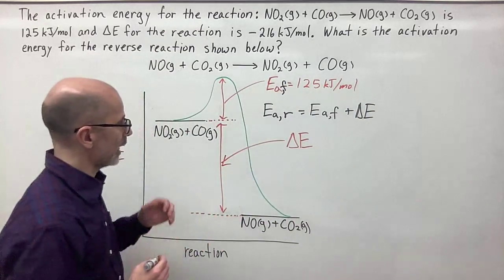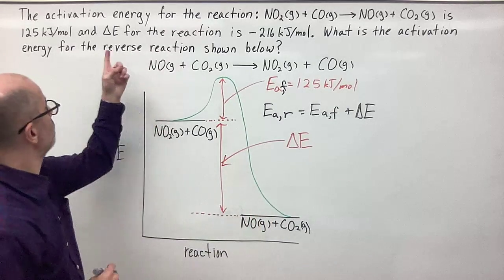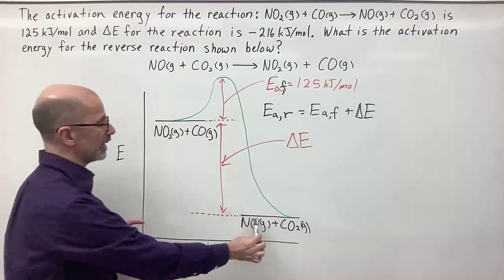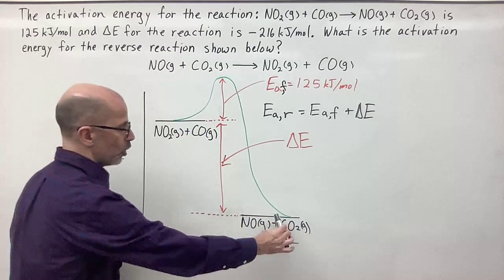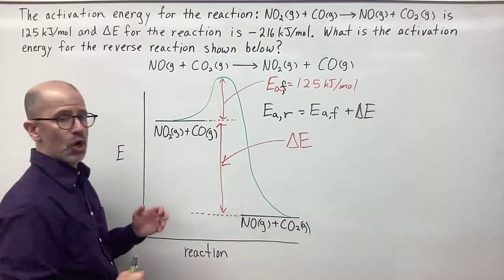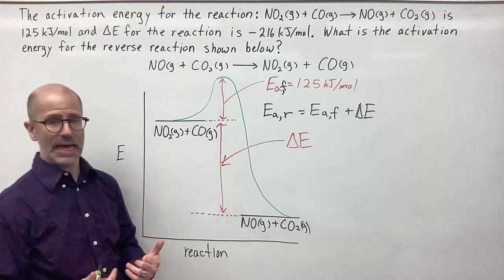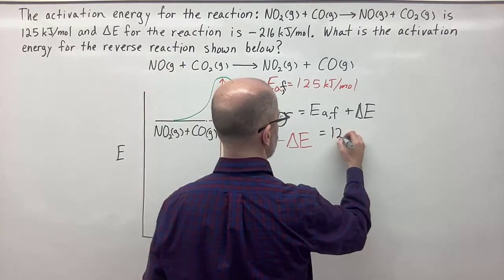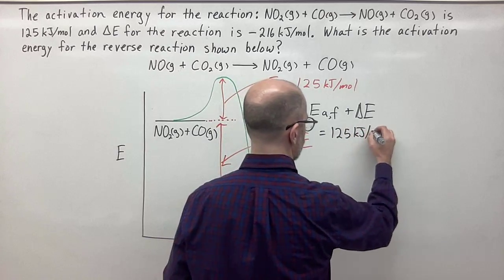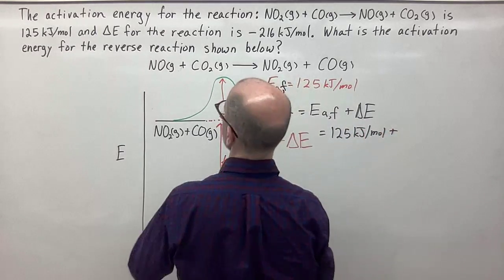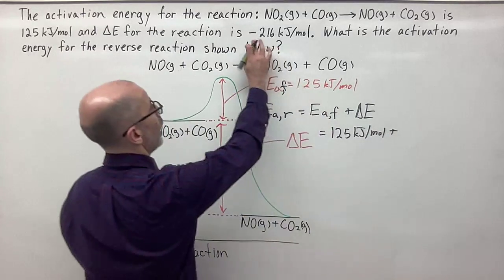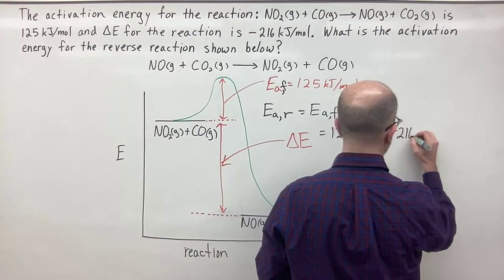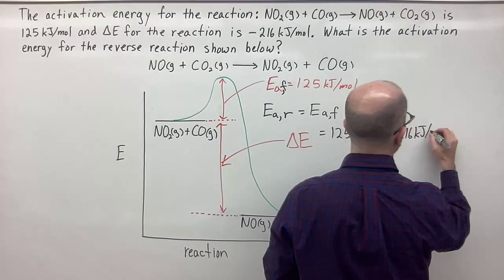Okay, and in this case, delta E is going to be positive, right? Because we're going in the opposite direction, so we're gaining energy. We're going to absorb energy going from here to here, so the delta E is positive, not negative. So then we get 125 kilojoules per mole plus the positive 216 kilojoules per mole.